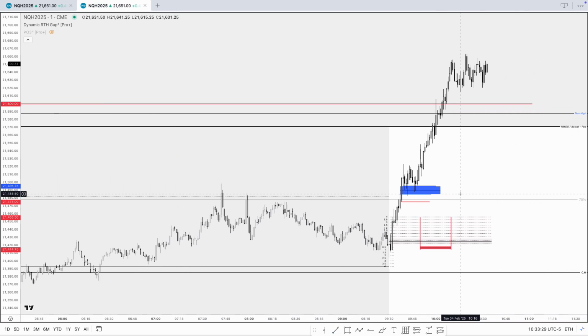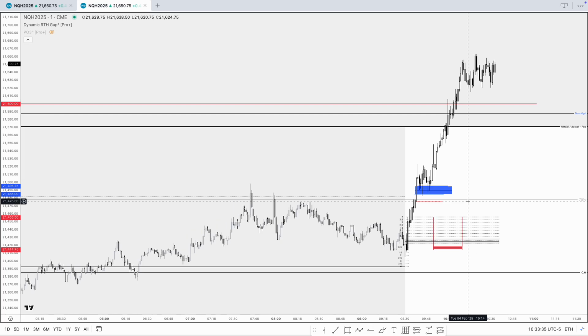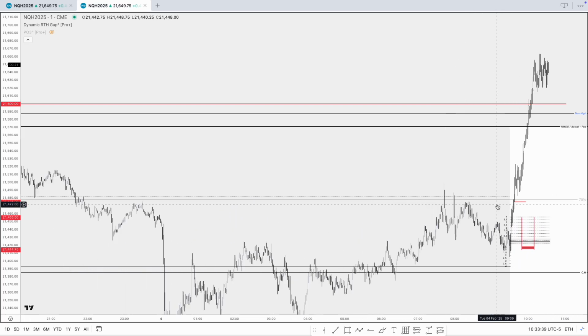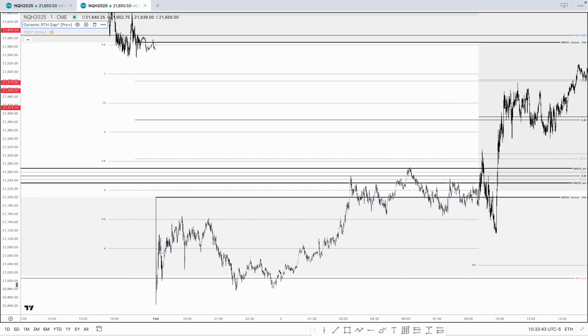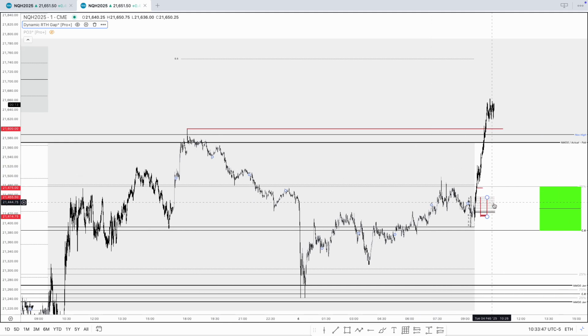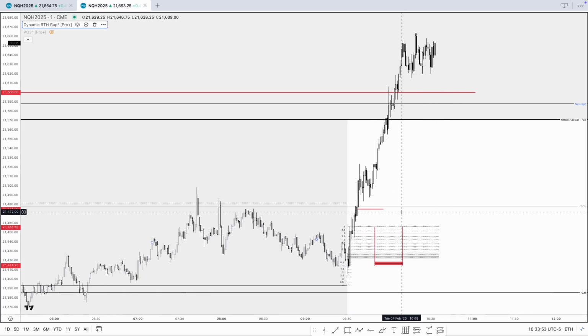So it was a decent trade, like 120 points. And remember the other day that I told you about the 75% level, and I took one trade based on that specific range. I don't remember what day was, but PD arrays that form around these quadrants are really nice.